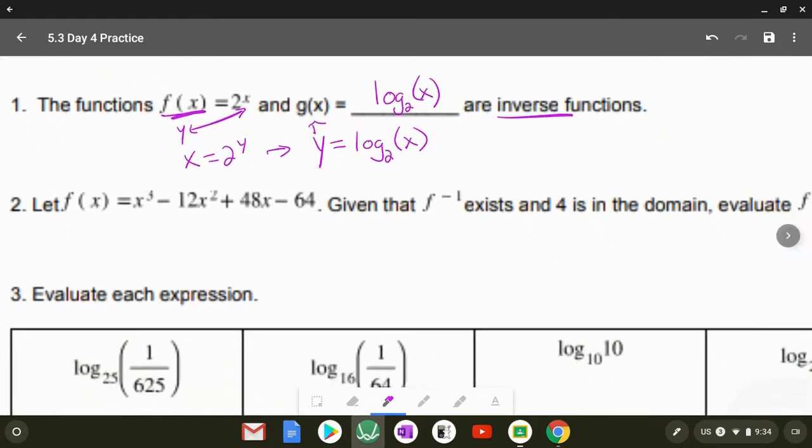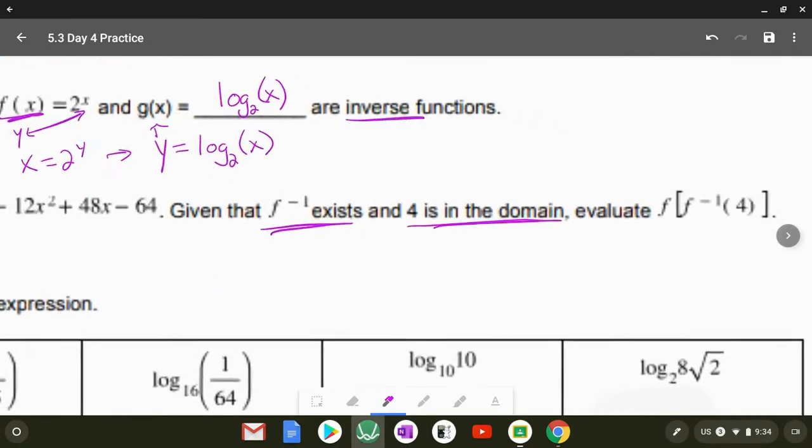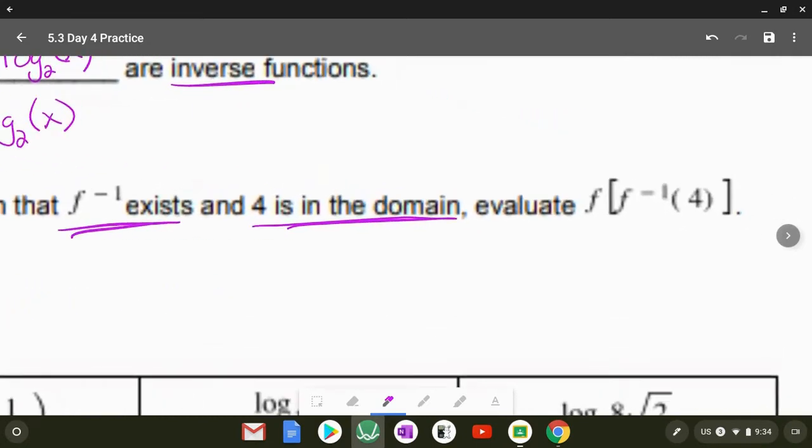For number 2, we're looking back at an old property. It's a polynomial. It says let f of x be that polynomial. Given that this exists and 4 is in the domain, we want to evaluate f inverse of 4.